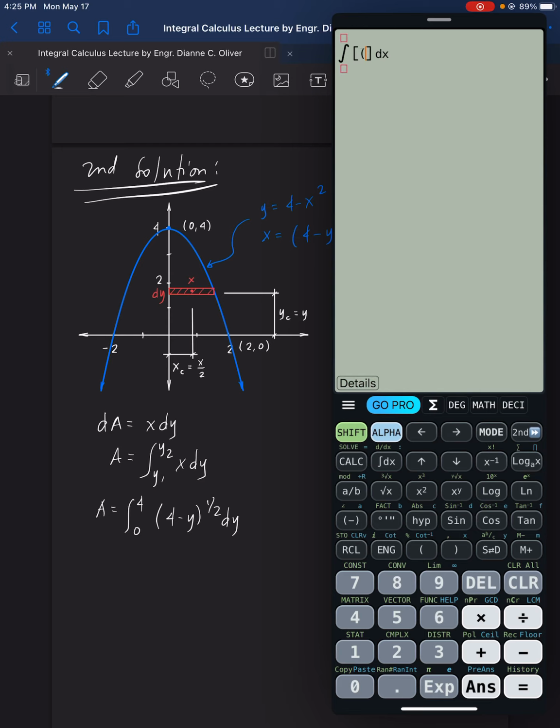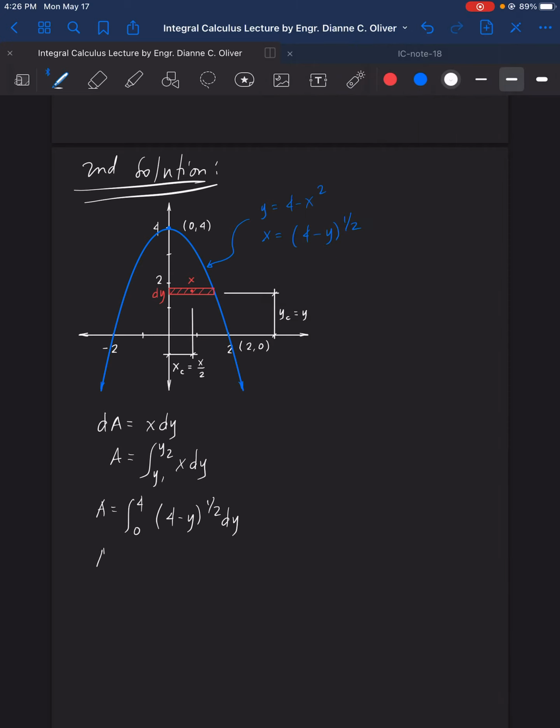So integral of 4 minus y raised to 1/2, lower limit 0, upper limit 4. That's 5.33, or that is 16/3. So area again is equal to 16/3.